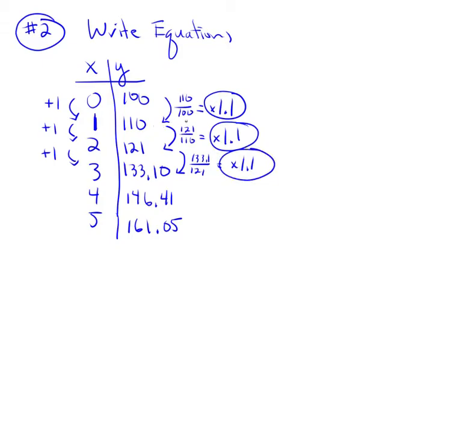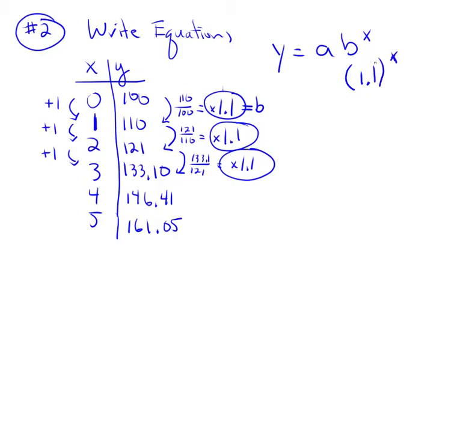So that means that this is an exponential growth. So we're going to write our equation. We want to have y equals a b to the x. Now, I'm not using the 1 plus the percentage, which I could use, but I already have my multiplier. So this right here is my b, the multiplier.